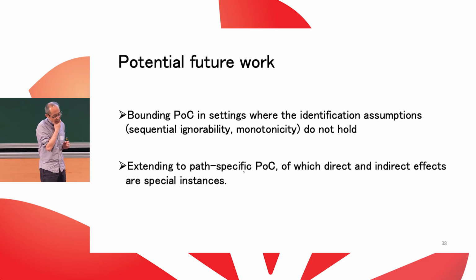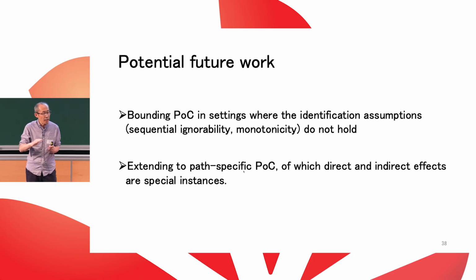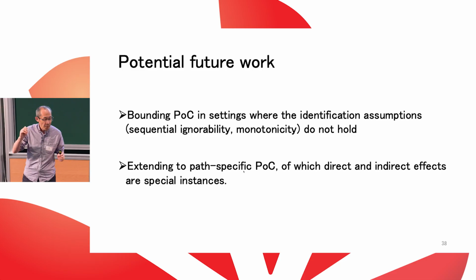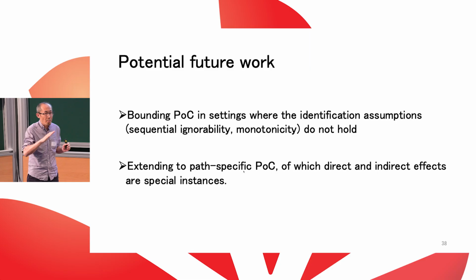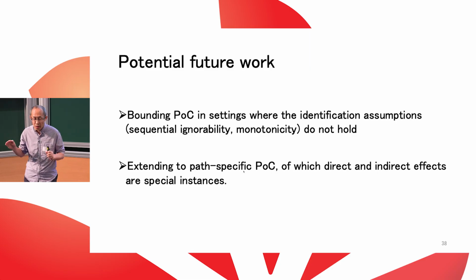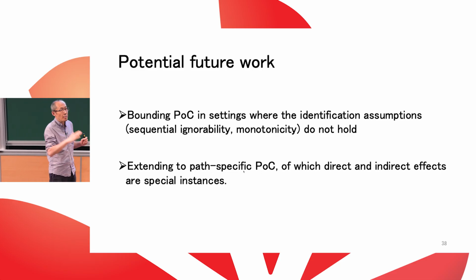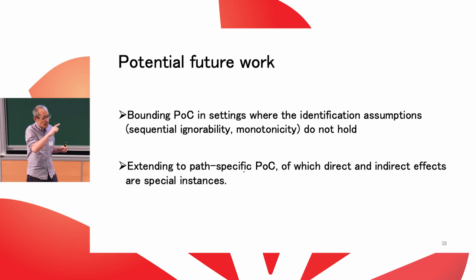So another potential direction would be, here we talk about the direct effect and the indirect effects. And in general, people have studied so-called path-specific effects. So we want to study the influence of treatment on outcome going through a particular path.